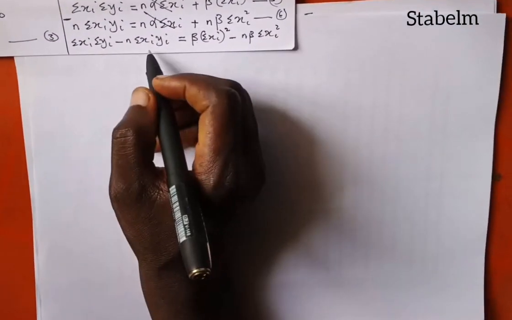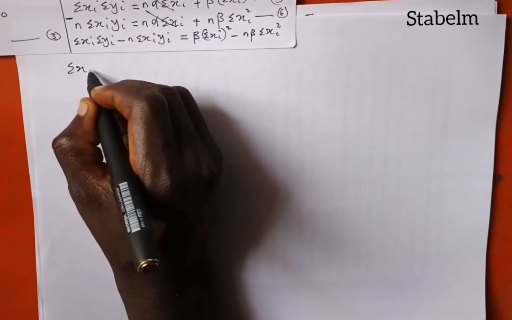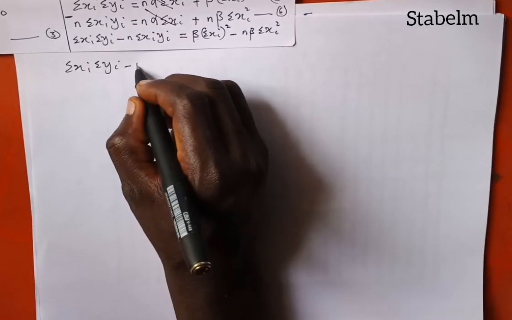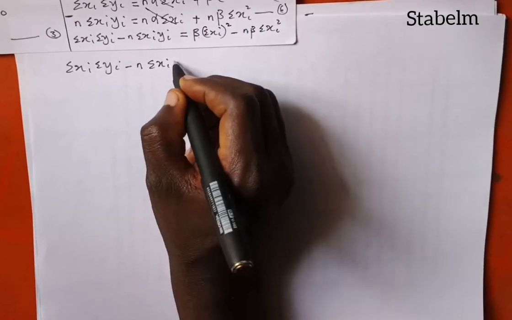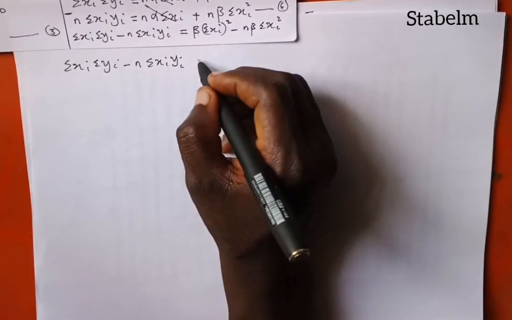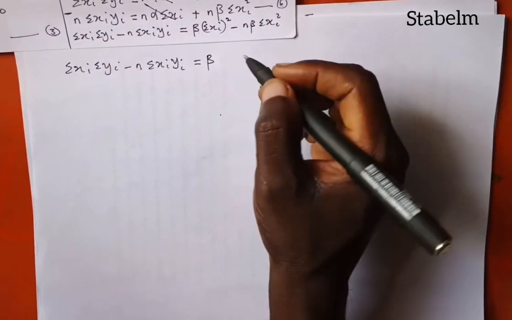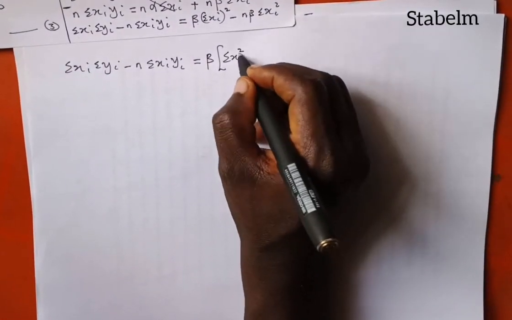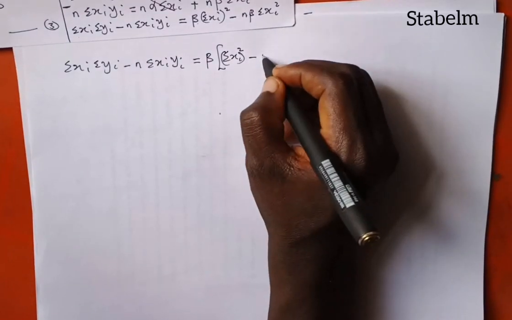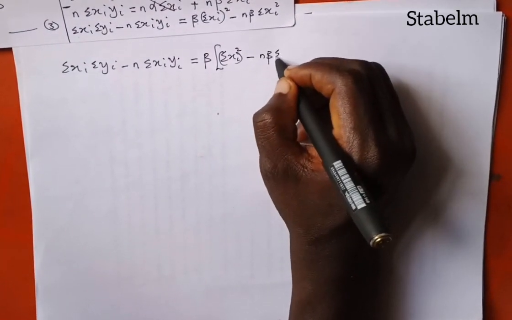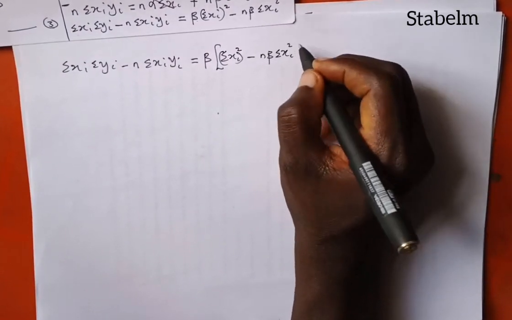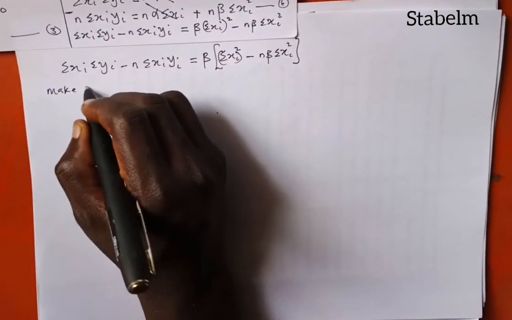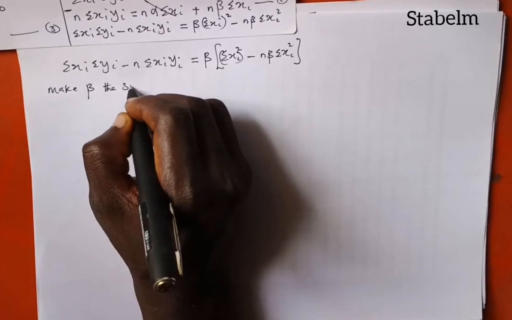So now we have summation xi summation yi minus n summation xi yi equals beta into bracket summation xi square minus n beta summation xi square. Now we can make beta the subject.